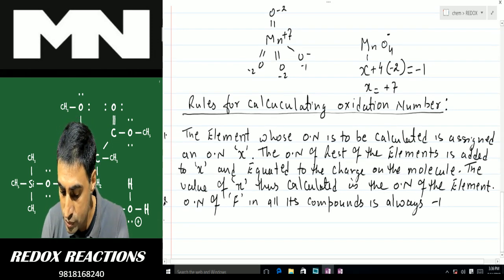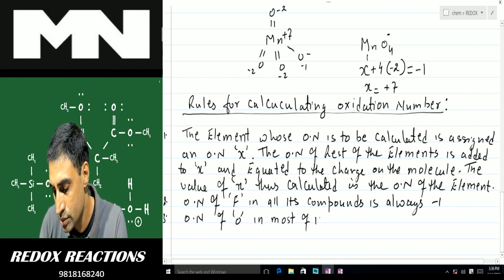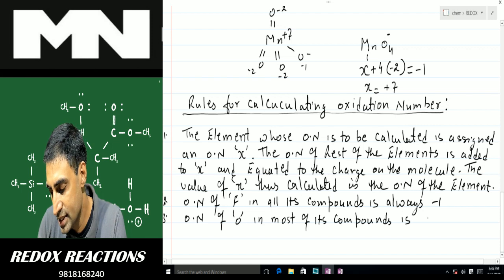Likewise, the oxidation number of oxygen in most of its compounds is -2.